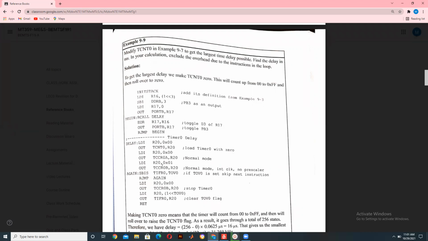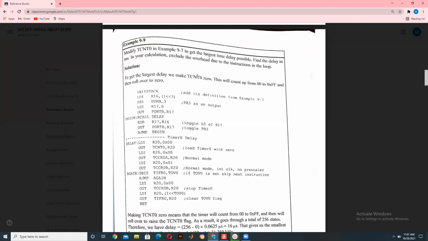That would be the highest, and it is again 0, so it would be the normal mode, with the same setup and no preset done. The change that has happened over here is that we have made it 0x00.